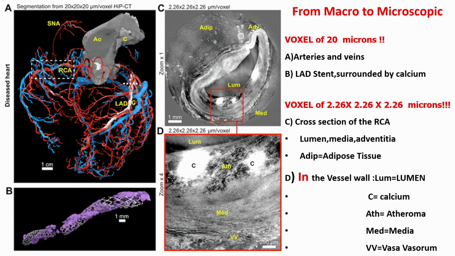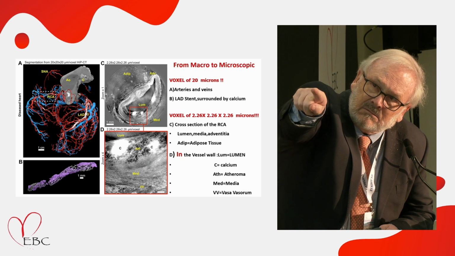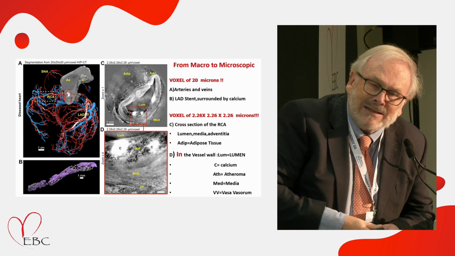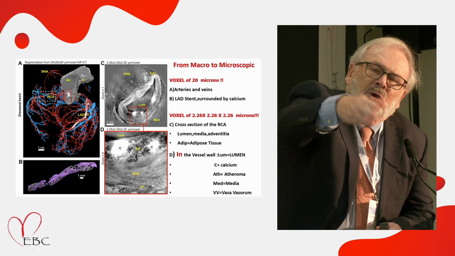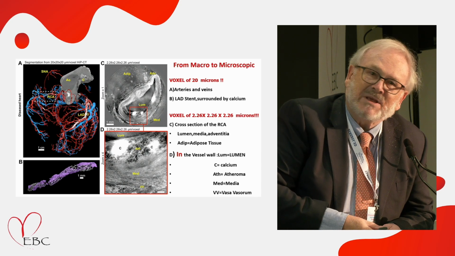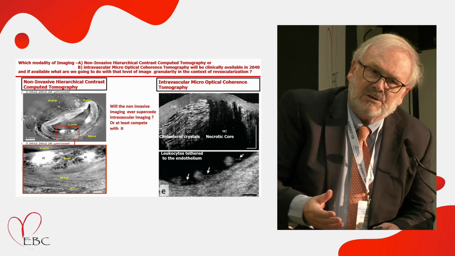This is the top panel A, and you have the RCA, and the RCA is in panel C. With this voxel resolution of 2.26, you see the adiposity, you see the lumen, you see the media. If I zoom in on the vessel wall in panel D, you see a small nodule of calcium, atheroma, media, and vasa vasorum. The stent with the calcium around is a banality now. And this is already the last slide.